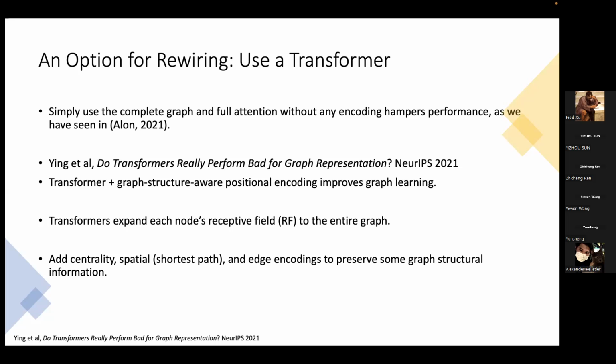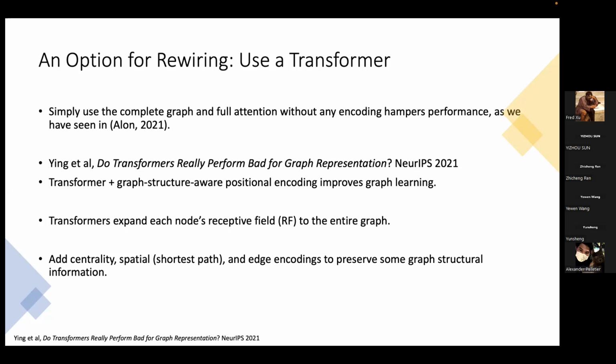Here the second paper is a 2021 paper called Do Transformers Really Perform Badly for Graph Representation? We already see in the bottleneck paper that if you simply use a fully connected graph, it actually makes the performance worse.